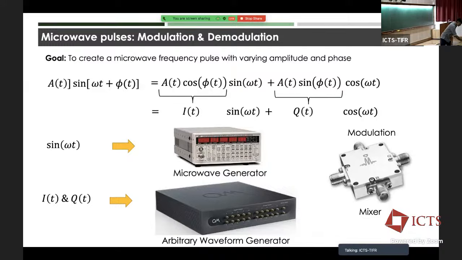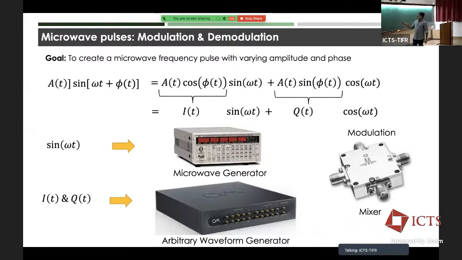This mixer seems to be like an analog device. So it's just some circuit inside that does this multiplication. Yes. And then sine and cos, they could in principle have different frequencies. Do you need different mixers for different frequencies? To what degree does a mixer adapt to different carrier frequencies, because you have different qubits? Right.